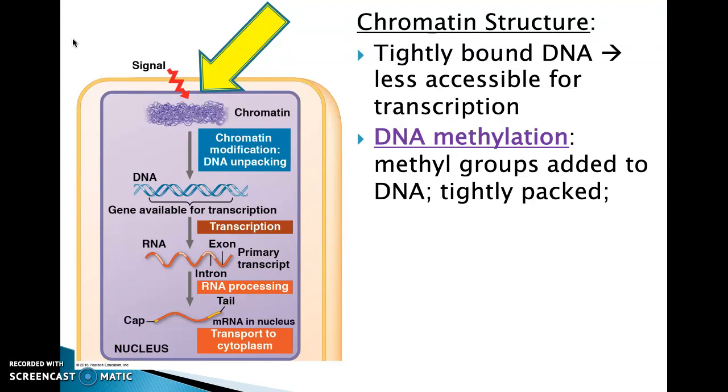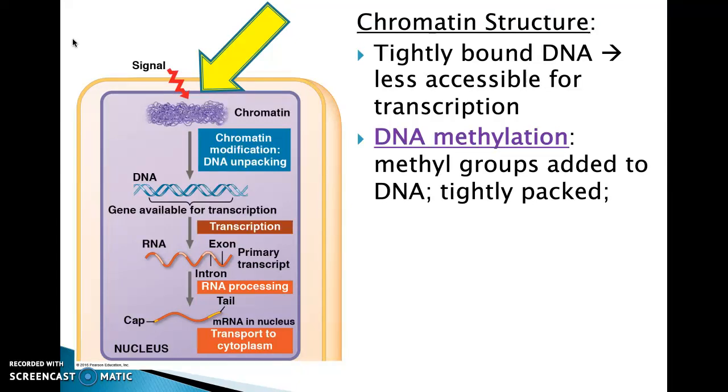So we need to remember a little bit about our functional groups that we learned a billion chapters ago, I think chapter 2, chapter 3. A methyl group is a carbon with 3 hydrogens, so it's a CH3.